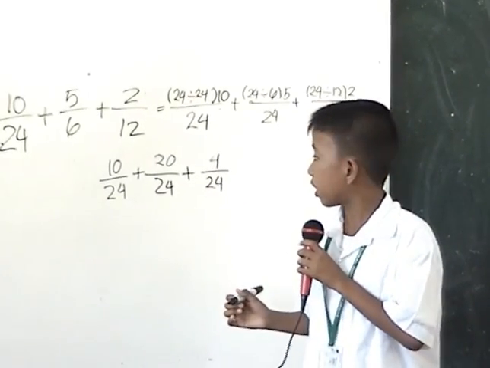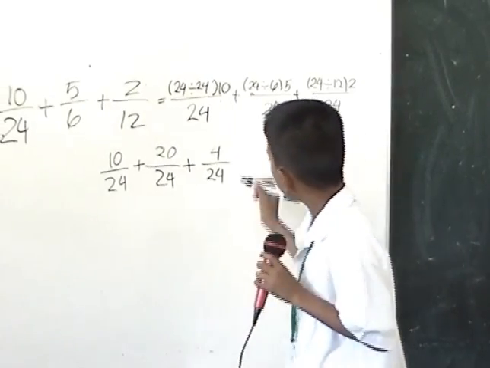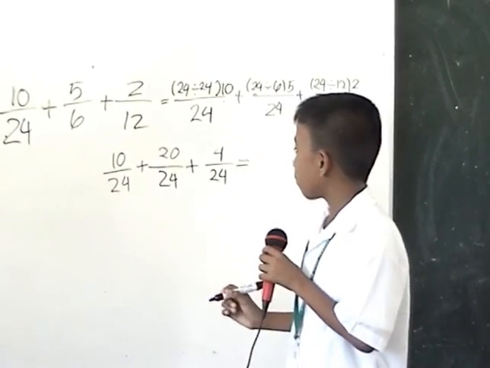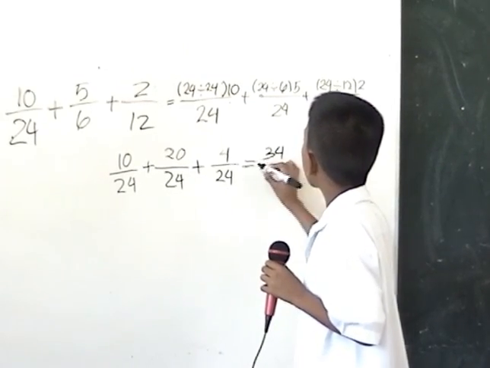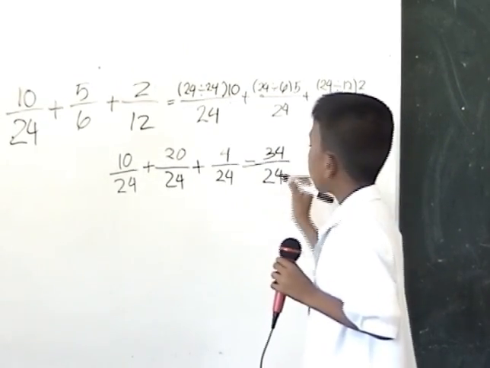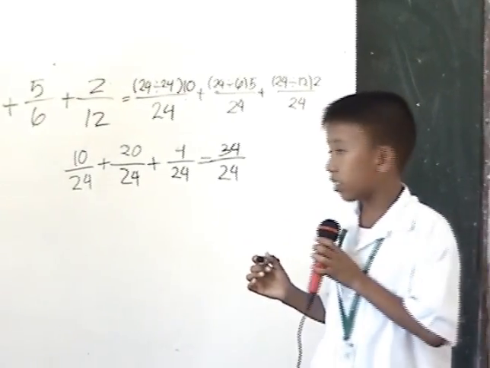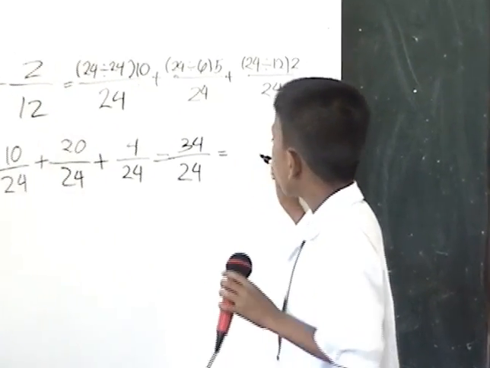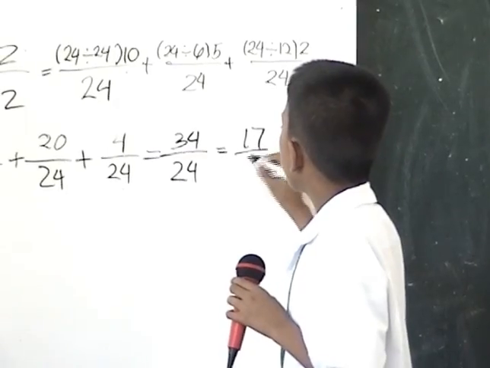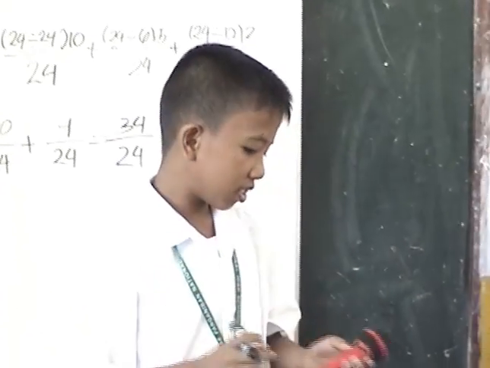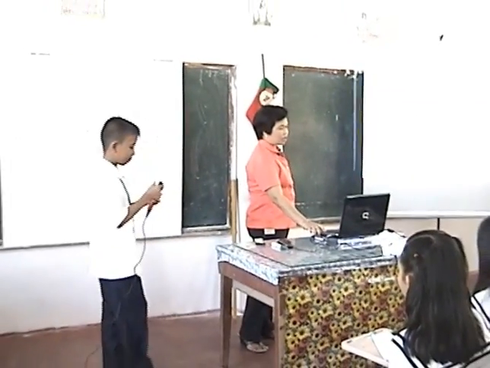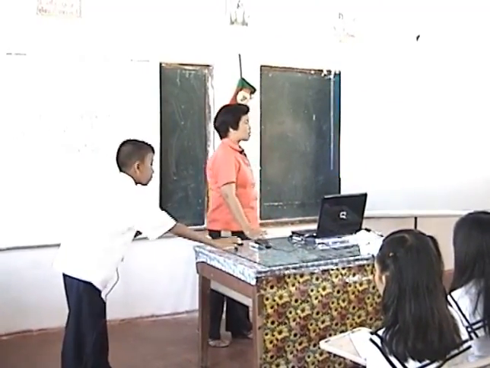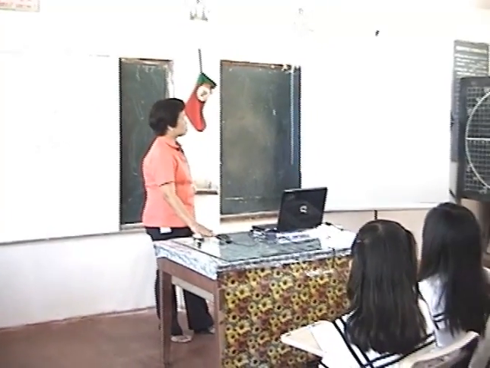And we will add the numerators. 10 plus 20 plus 4 is 34. And simplify the answer. Equals 17/12. Okay, correct. Now let's proceed to another topic, which is subtracting similar fractions.